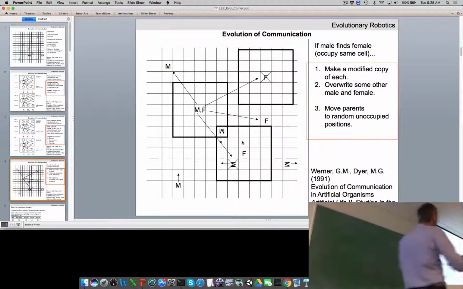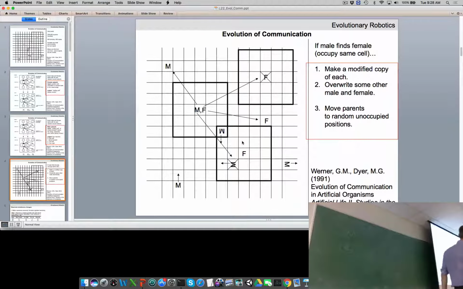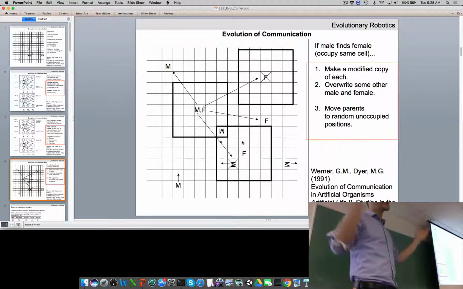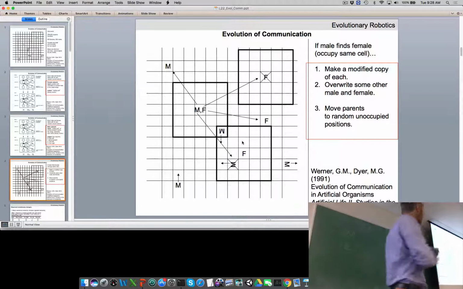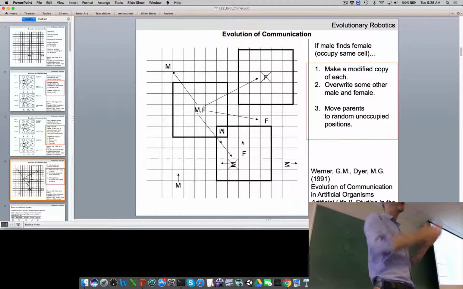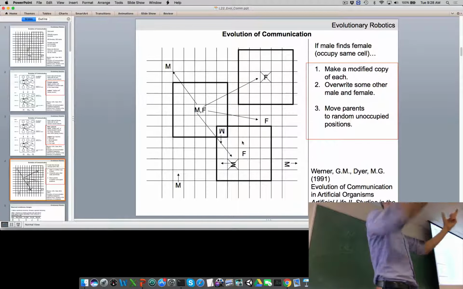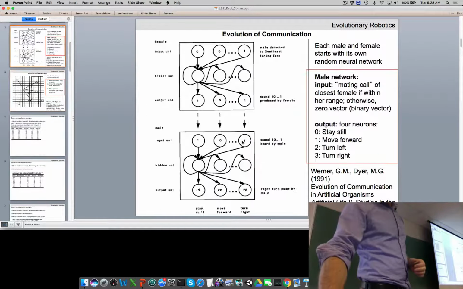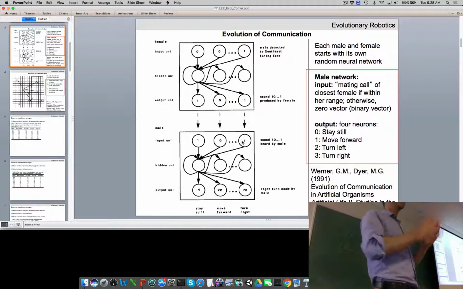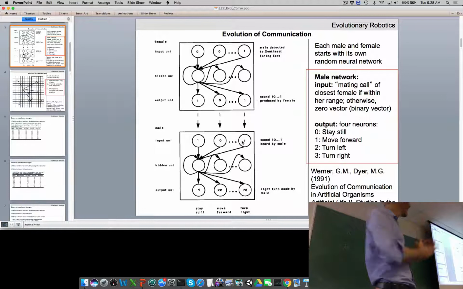As we're going to see when we start walking our way through one of these experiments, the males move around at random on this grid because we're starting with random controllers for both the males and the females. If a male happens to move into the cell occupied by a female, they reproduce, and they produce 1 male offspring and 1 female offspring. The male, ironically, there's a lot of talk about mating in this experiment, but there's no actual mating that goes on.